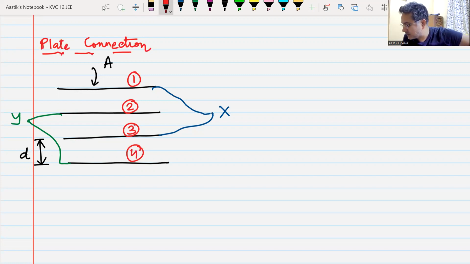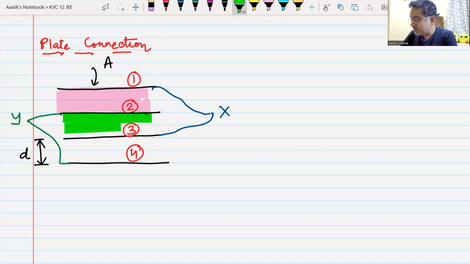Plate connection questions. Now remember, to solve this question, you have to first understand how many capacitors there are. How many capacitors are here? This is the pink capacitor between plate number 1 and plate number 2. This is capacitor number 1.